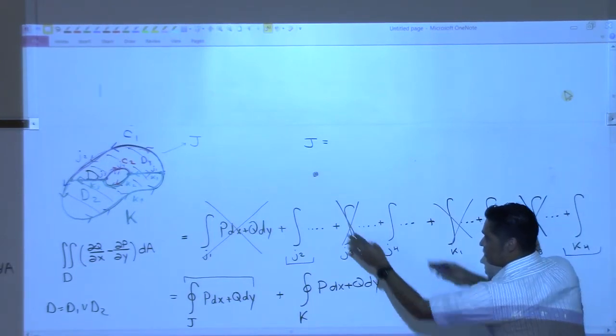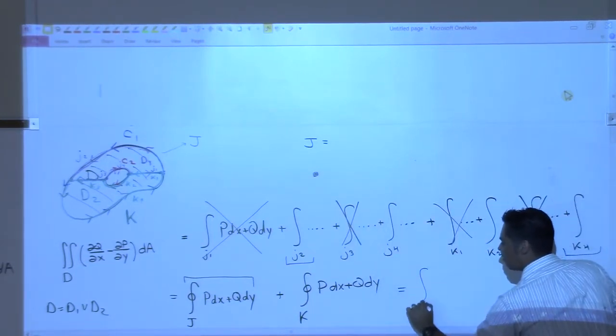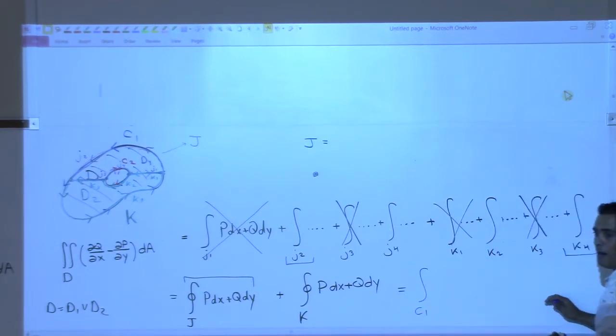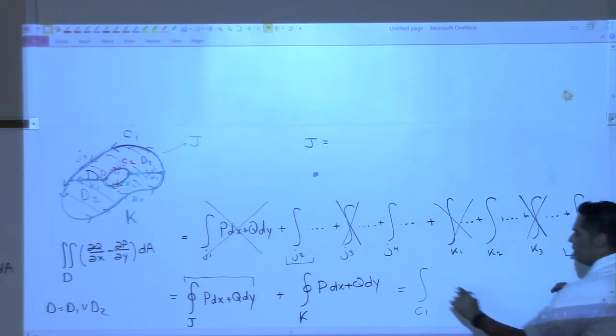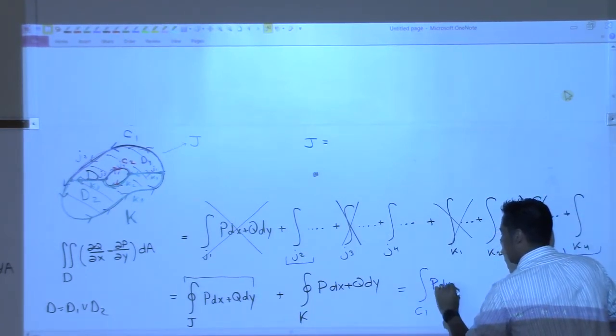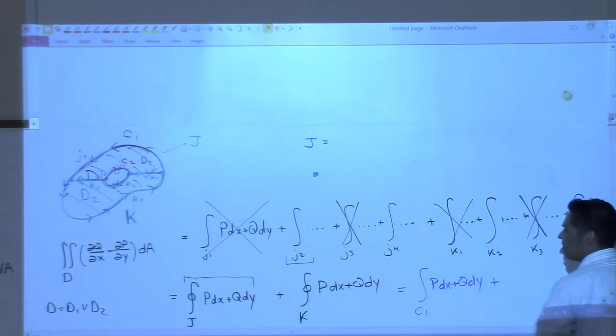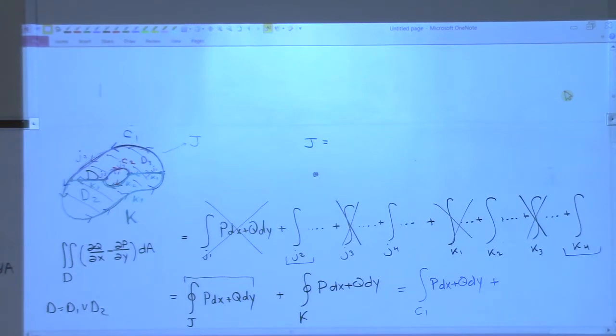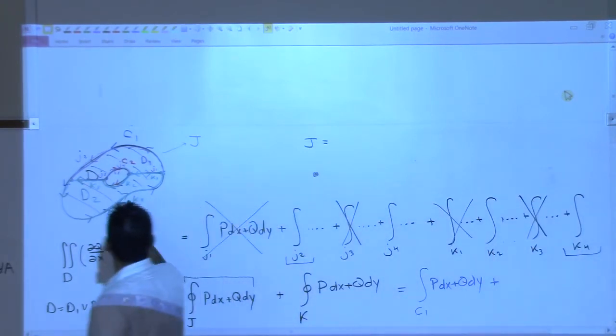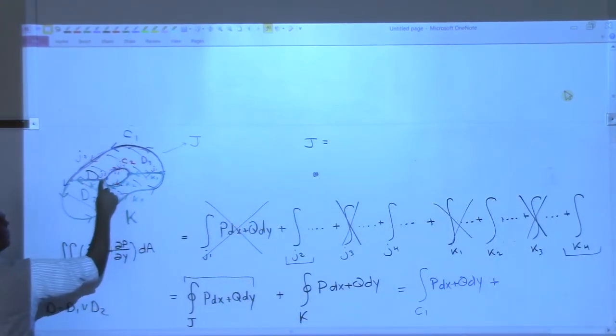This equals the line integral over C1, right? This time I'll write it P dx plus Q dy, plus, what's left? J4 and K3? No, J4 and K2.